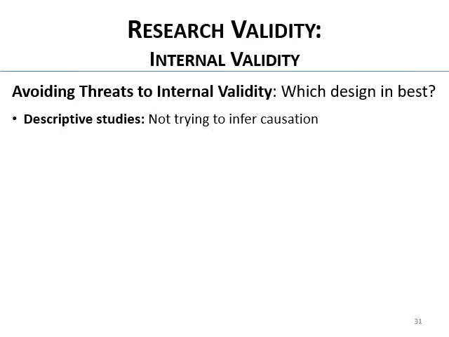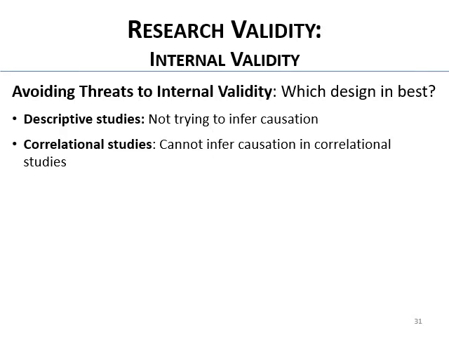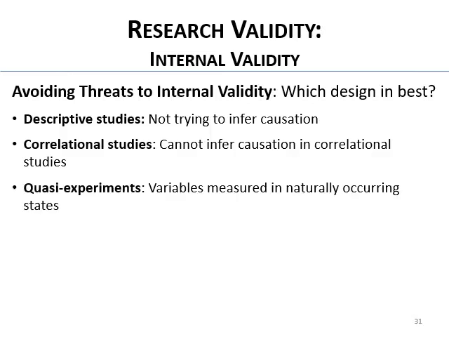So that one's not going to be the best for ensuring good internal validity. Correlational studies, you're just looking at the relationship between naturally occurring variables, and it's a meme that your stats professor says you cannot infer causation from correlation, right? So correlational studies are not the best for ensuring internal validity.